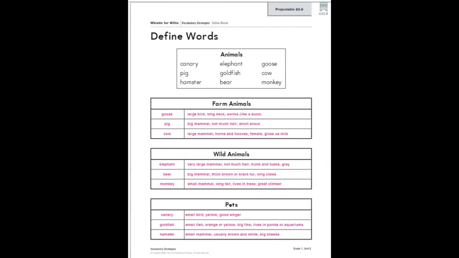So here's what a finished one looks like. Here's the canary. It's a small bird, it's yellow, and it's a good singer. I could also look up the word in the dictionary to make sure that I understand the word.